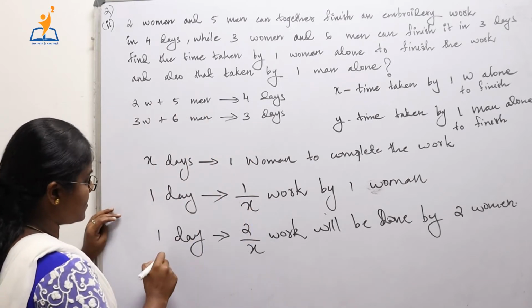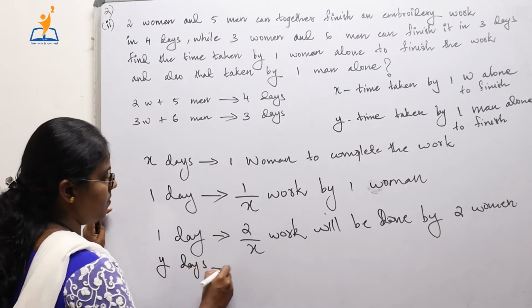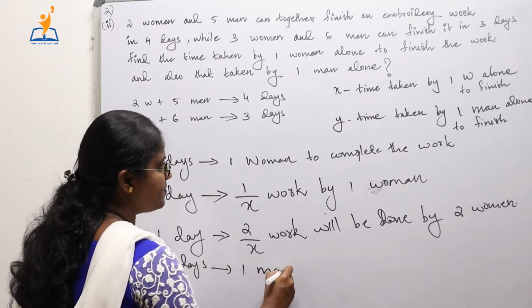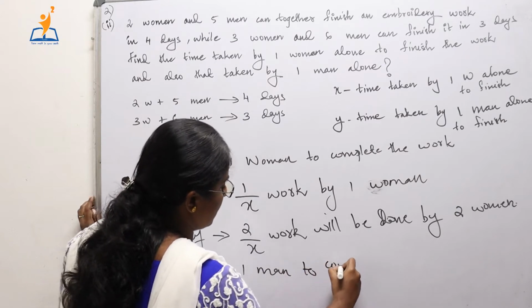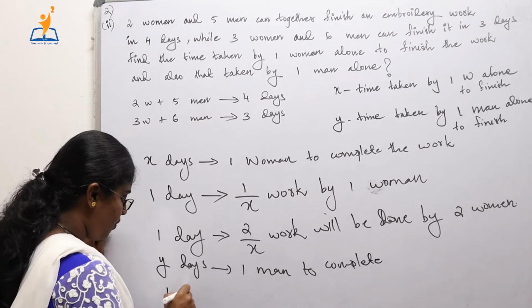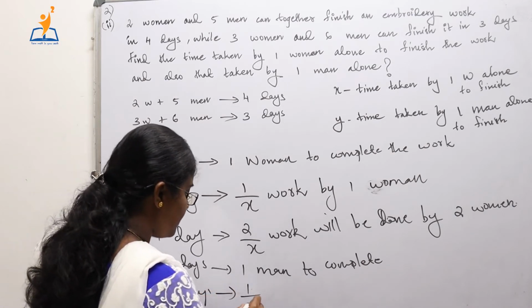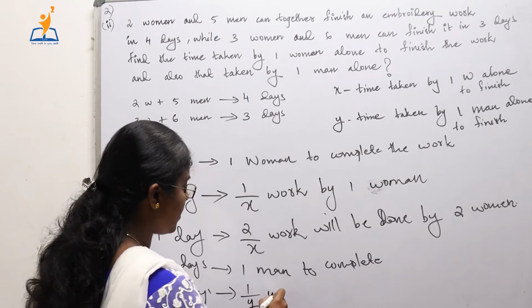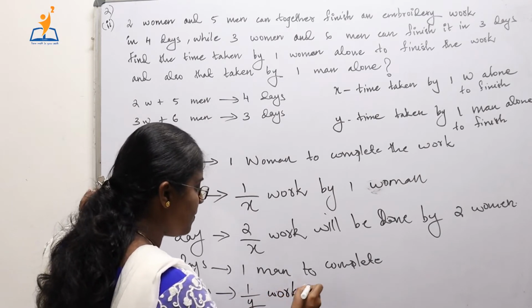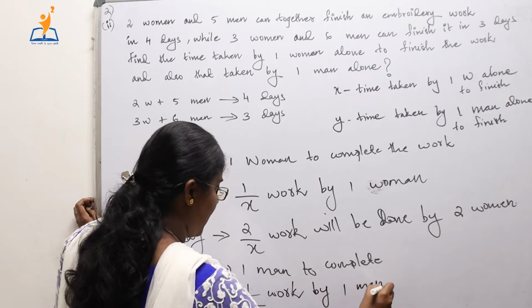Similarly, we know that it requires y days for one man to complete the work. So in one day, 1 by y work will be completed by one man.